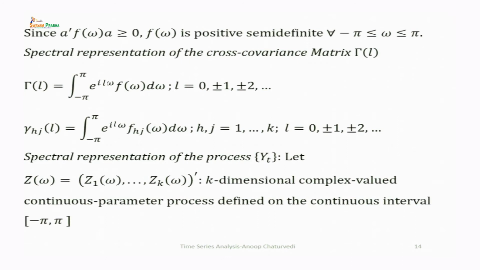Then the spectral representation of the process y t. Suppose you have z omega equal to z 1 omega, and so on, z k omega transpose, a k dimensional complex valued continuous parameter process defined on the continuous interval minus pi to pi, meaning each of z 1 omega, z 2 omega and so on up to z k omega is defined on the interval minus pi to pi.